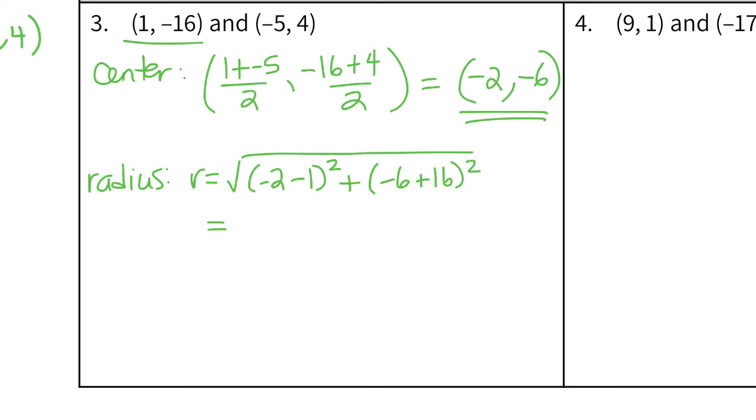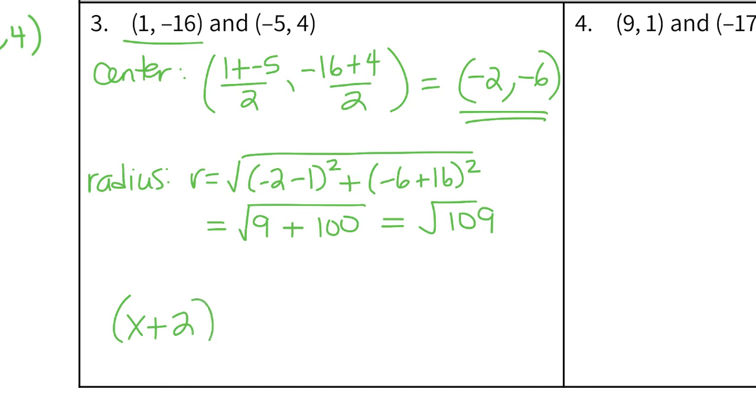Simplifying this would turn into 9 plus 100. So that's just the square root of 109. Now I have my center, I have my radius, I can write my equation in standard form. (x minus -2, so again it turns into a plus sign) squared, plus (y plus 6) squared is equal to 109.